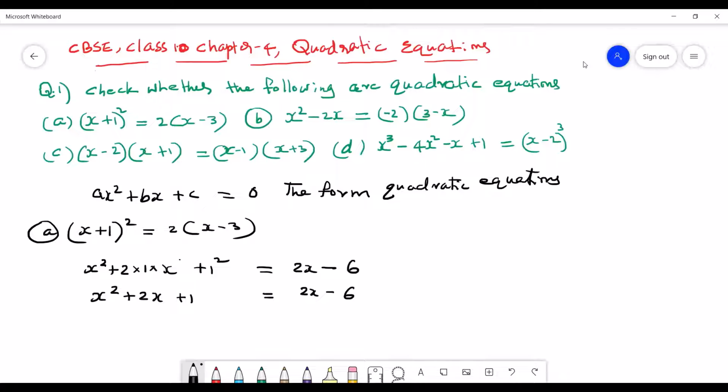Now bring all the right hand side terms to the left hand side. Then this will become x square plus 2x. Bring this 2x term here, minus 2x will come. Then we have plus 1, and when this 6 comes over, it will become positive 6, equal to 0.